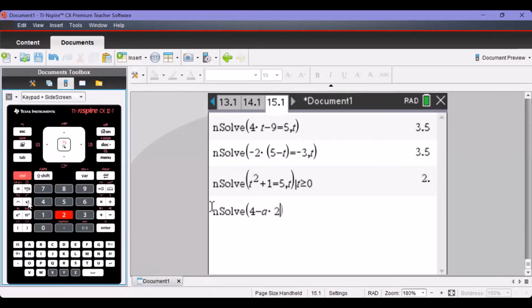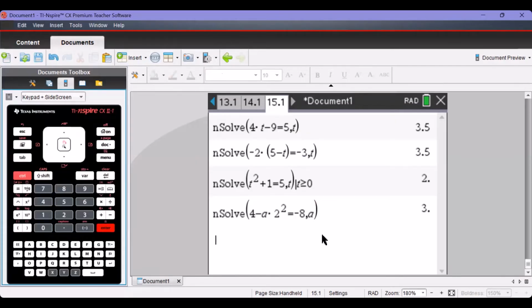So we're substituting in the value of t, which is 2. And then we will equate that to -8 and solve for a, comma, a. Press enter, and we get a equals 3.